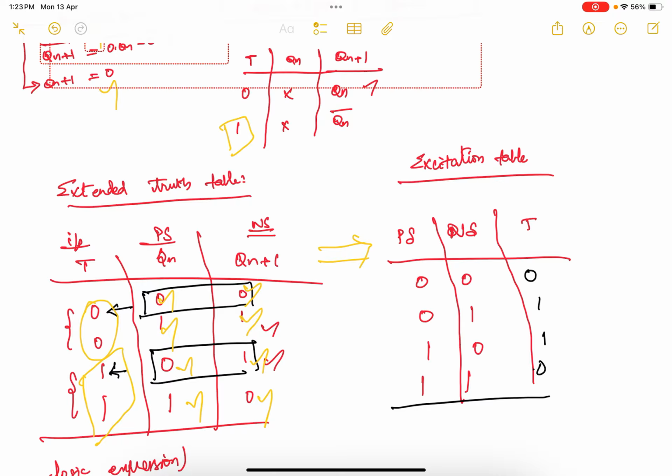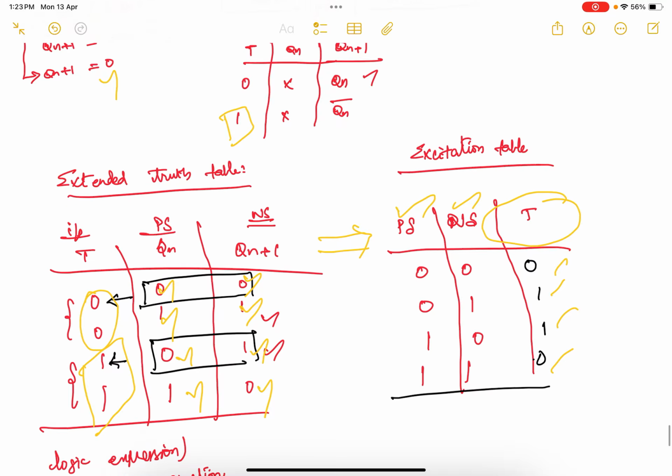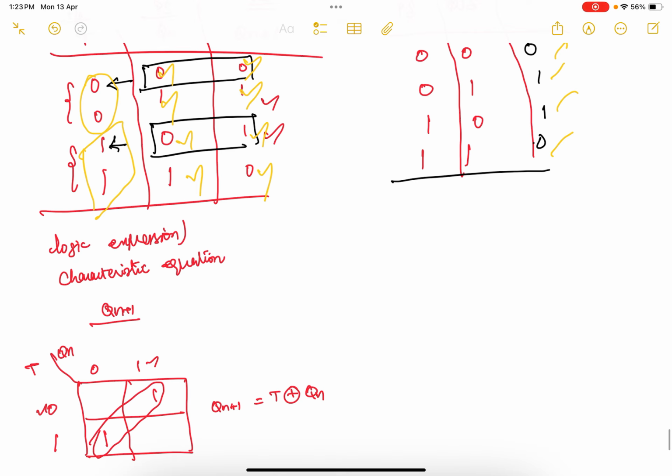So based on your present state and the next state, what will be your mandatory input conditions? Similarly, we have found the characteristic equation for our T flip-flop.